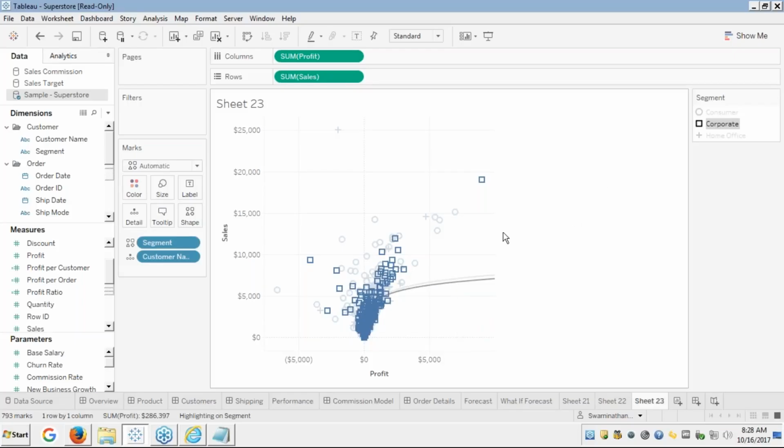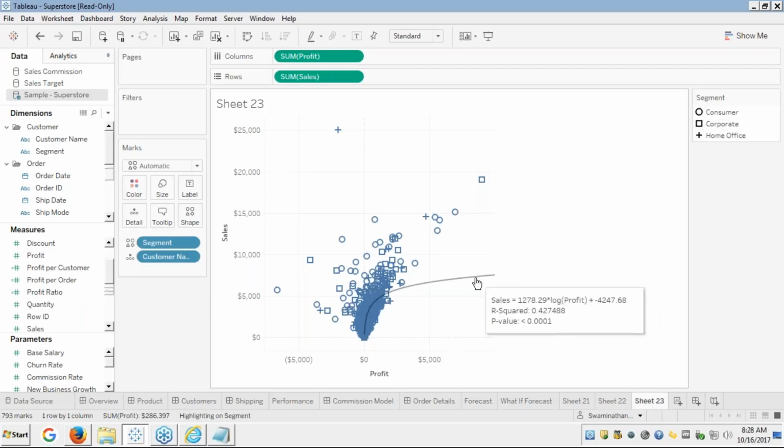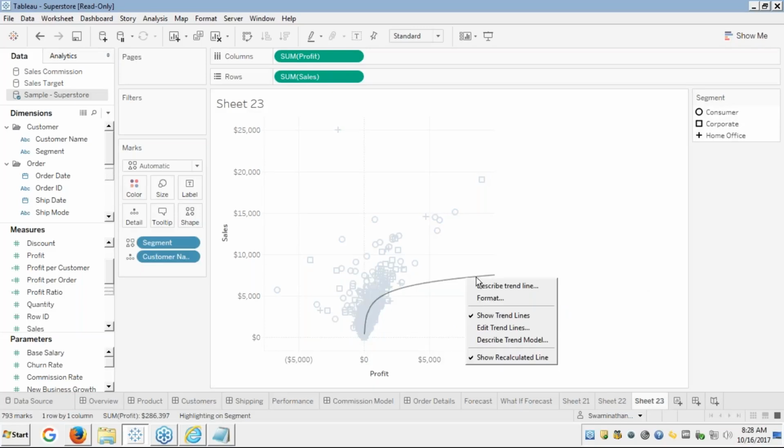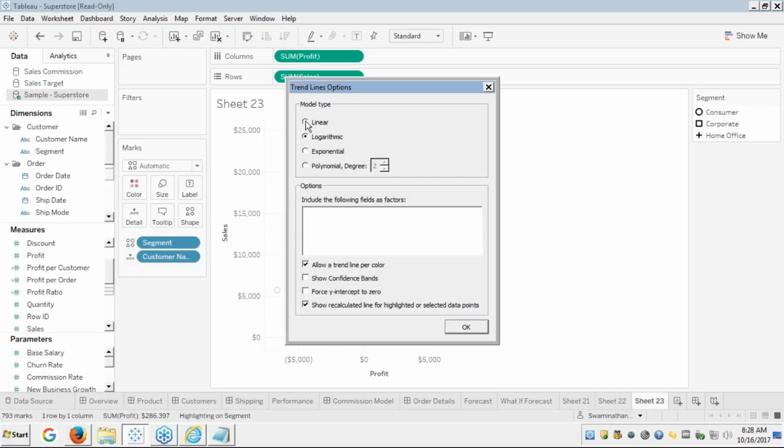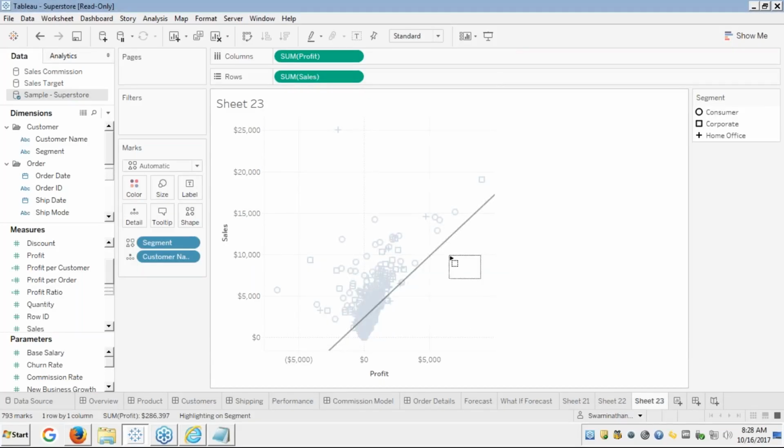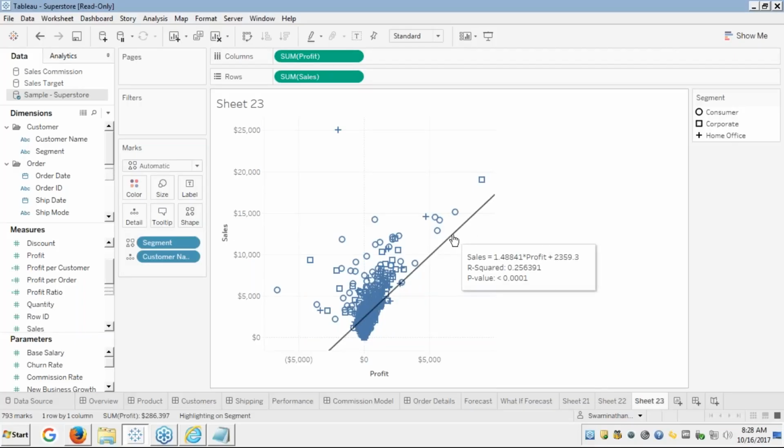If I choose the linear model for the same graph, you see what the R squared value is. I'm just editing the trend line. You see here it is just drawing a straight line, and the R squared is 0.25 only.